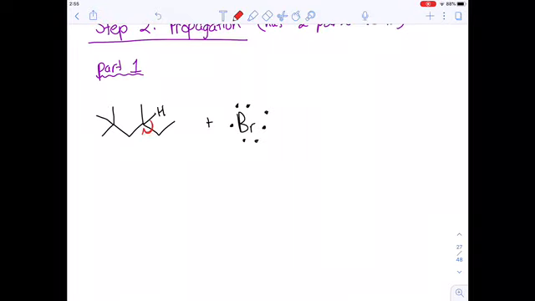Okay, so that's our tertiary hydrogen of choice. So what's going to happen is that one electron from this bond is going to move back onto this carbon. One electron from this bond is going to come and form the new bond with the radical Br. And this radical is also going to come to form that bond.